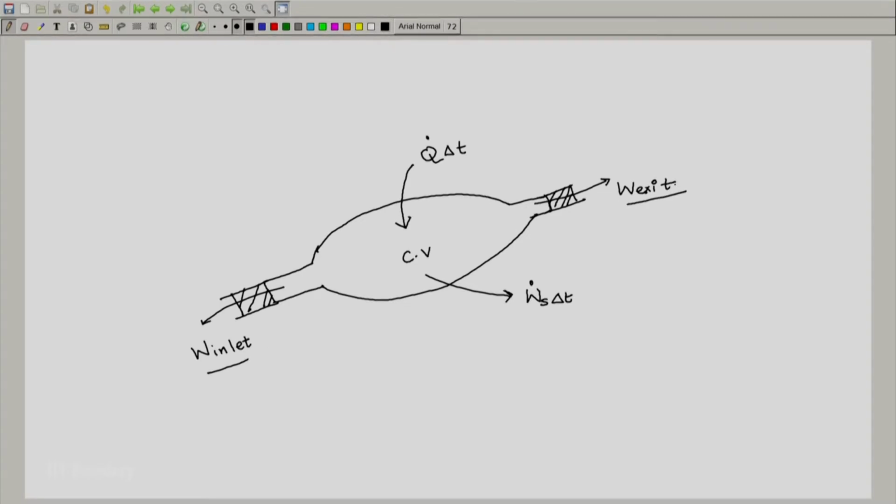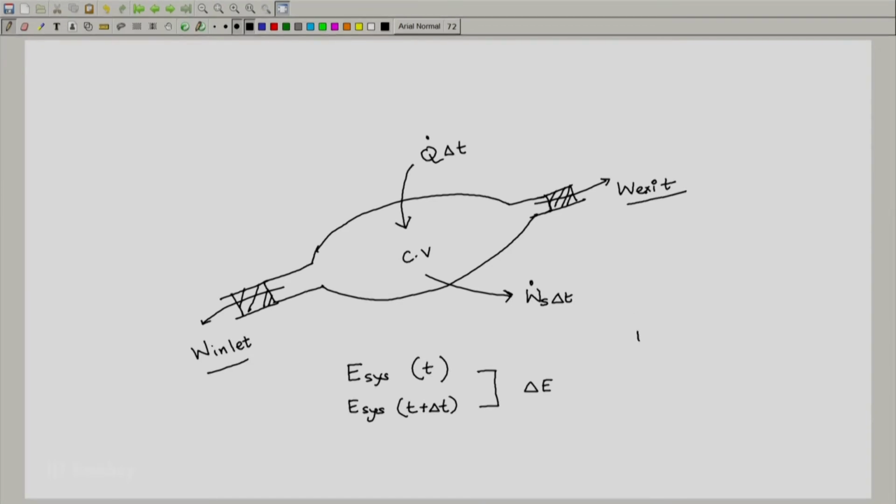So this is the overall interaction of the system with the surroundings, and the system overall has energy E at time t and energy E at time t plus delta t, and the difference between these two we will call delta E. When I write system here, this is the closed system I am considering.